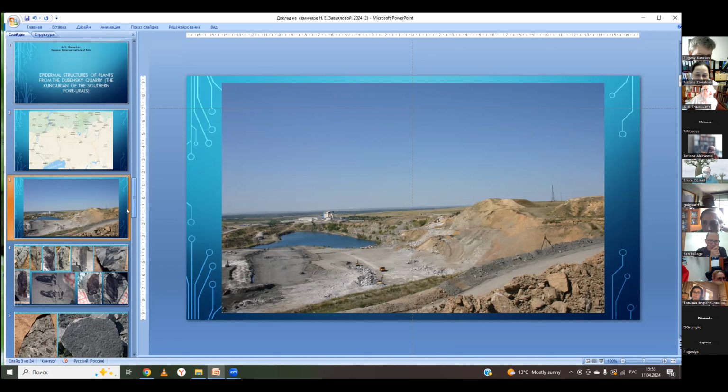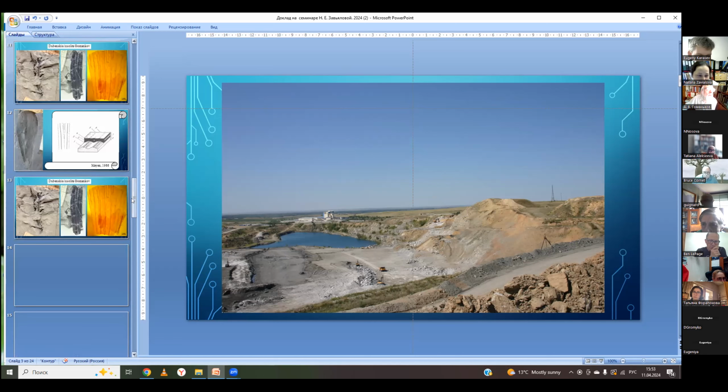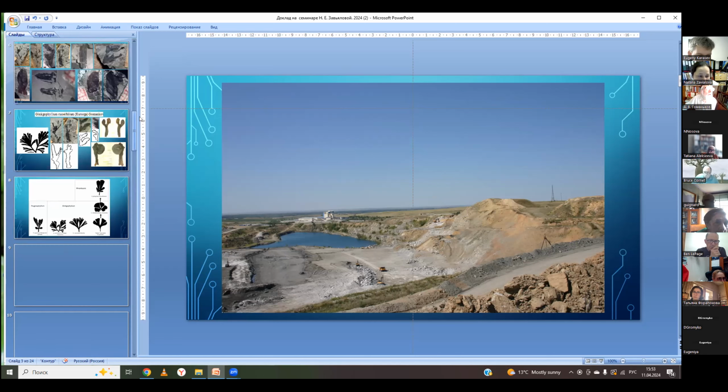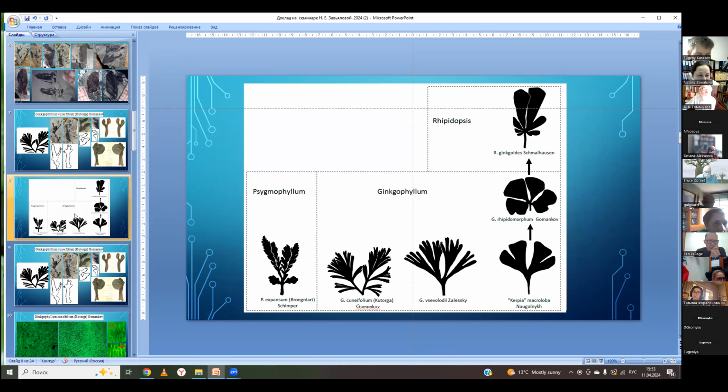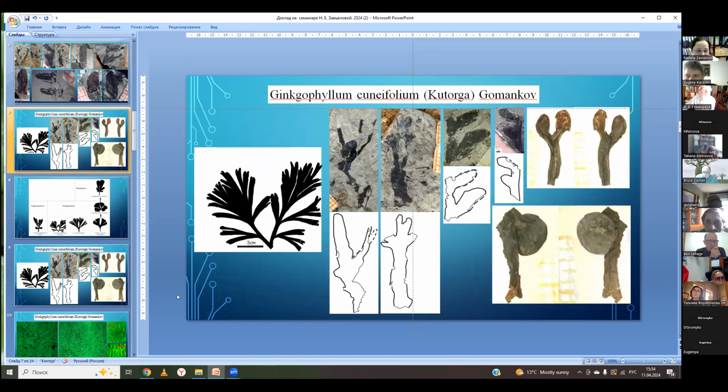It was somewhere at the beginning. Oh, yes. No, the previous. Yes, this one. Maybe it's a generative structure or vegetative. Lower right corner. Do you mean this photo? Yeah.